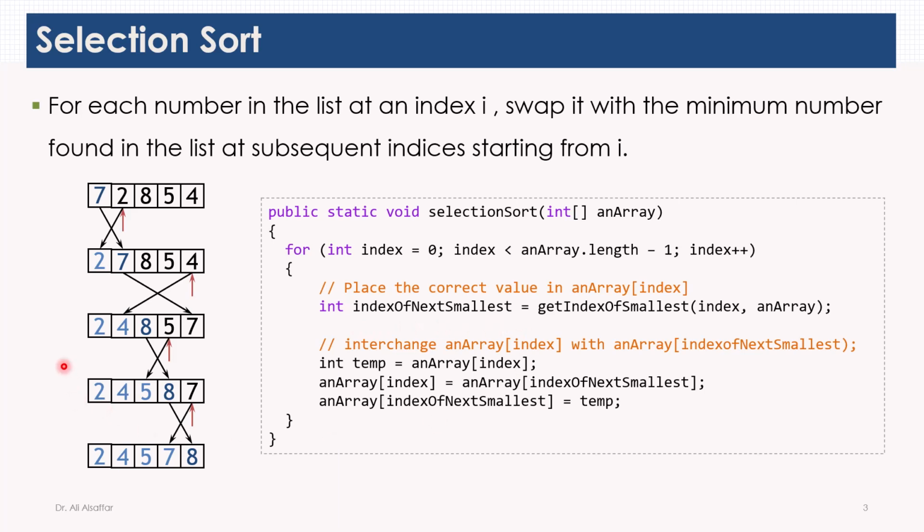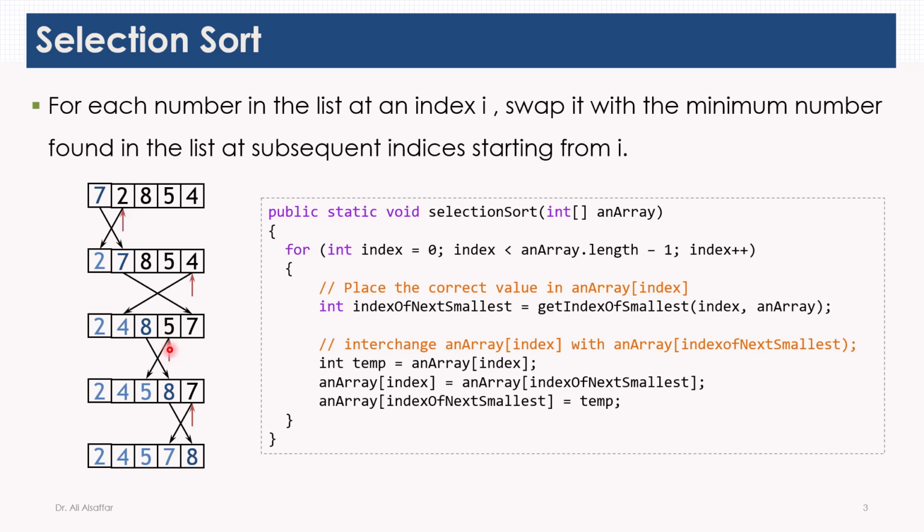In the third iteration, when index is equal to 2, we are referring to the variable 8. Then 2 will be given as an input parameter to the method, as well as the array. So it will start searching from index 2, which is 8, 5, 7. Now where is the smallest element? The smallest element is 5, so this method will return the place of this smallest integer, which is 3.